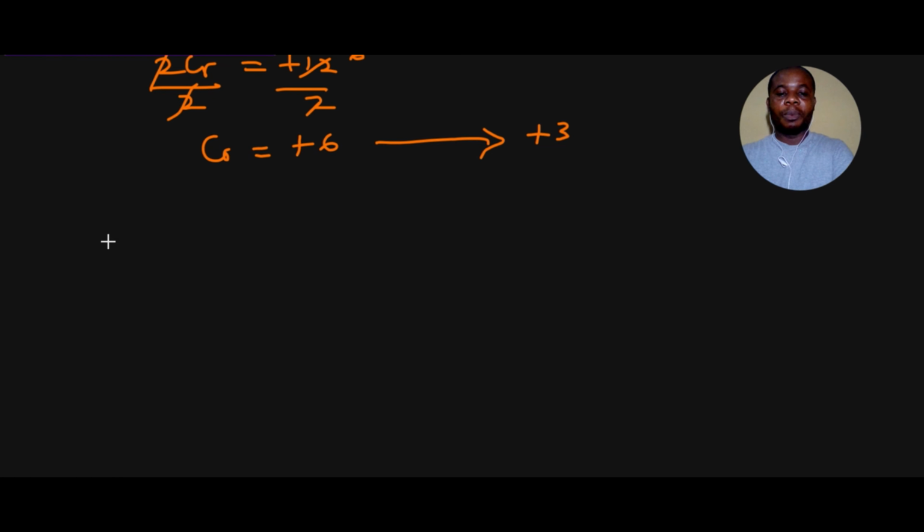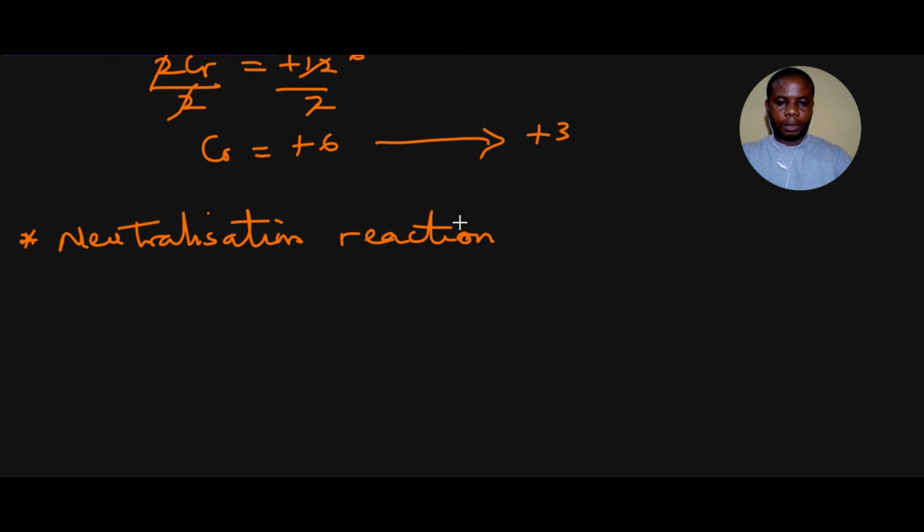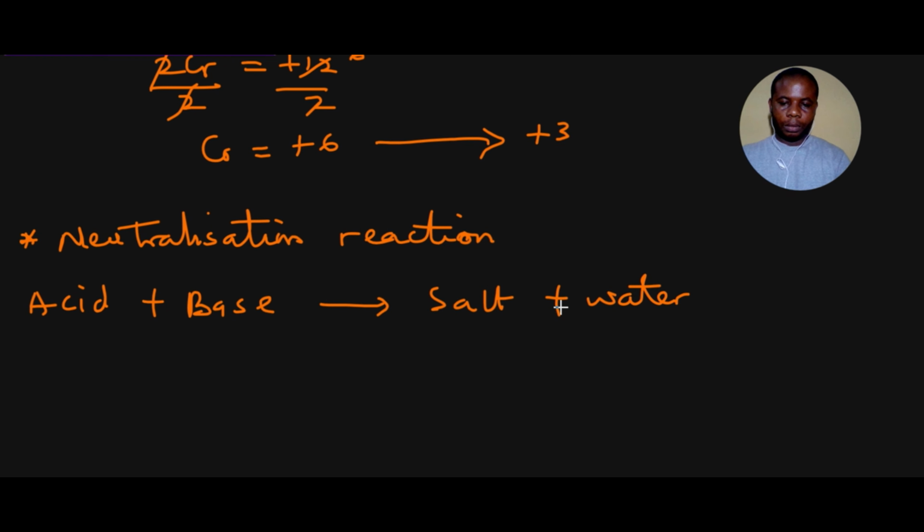Most of the reactions we have undergo redox reaction. There are actually exceptions to this. One of the exceptions is neutralization reaction. What is neutralization reaction? Neutralization reaction is the reaction between an acid and a base to give salt and water.